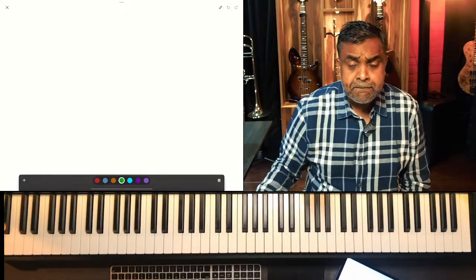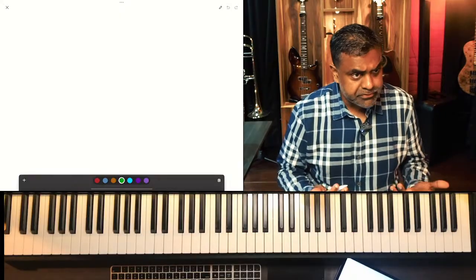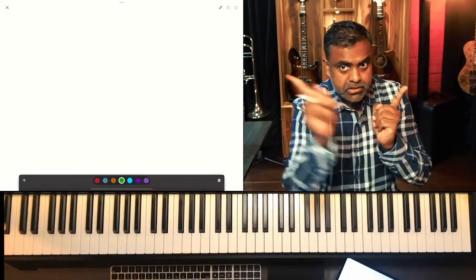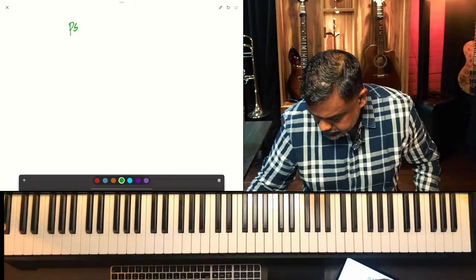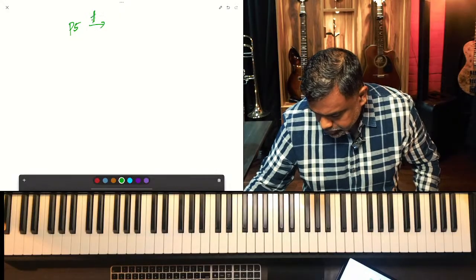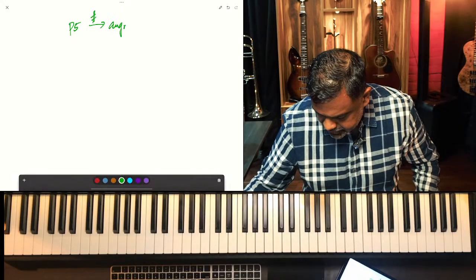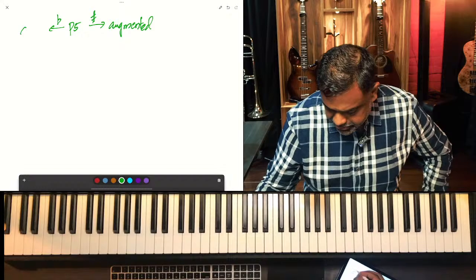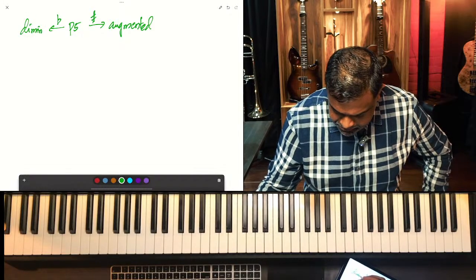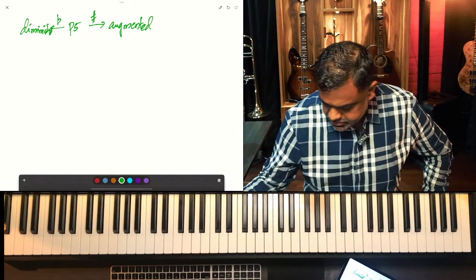Let's look at what we can do with a perfect fifth. We can flatten it or we can raise it. So if you take a perfect fifth and raise it by 1, you're going to get yourself an augmented interval. You flatten it, you're going to get yourself a diminished interval. Okay.